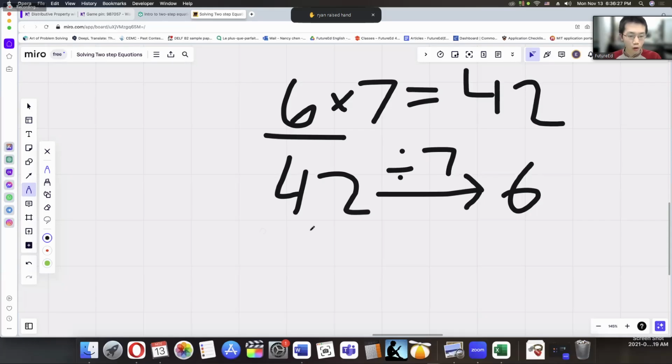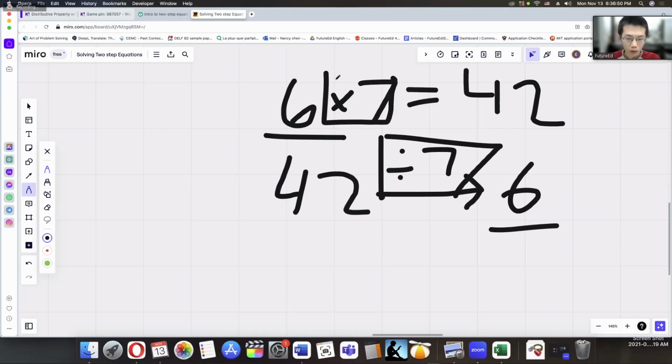And now if you gave me a 42, I do some divide by 7 magic, and then it's a 6 again. So this is kind of what these operations are like, where you multiply, and then to get rid of that multiply, you have to divide to get your original value again, right?